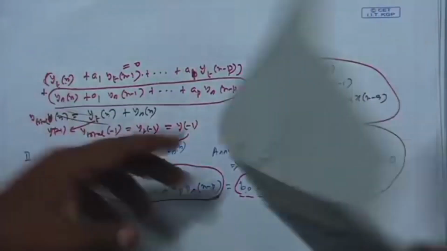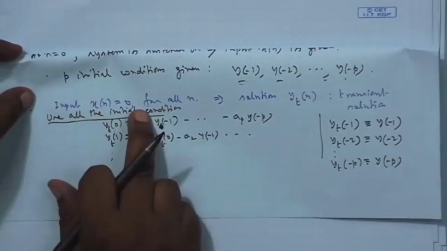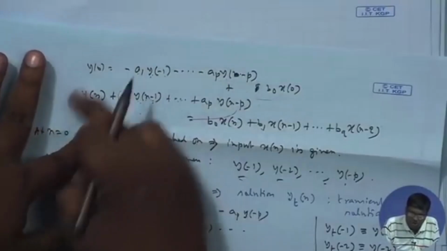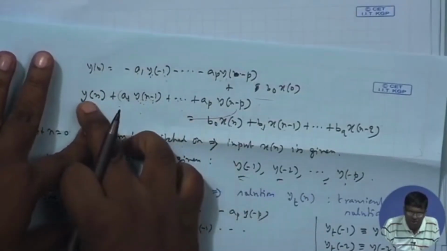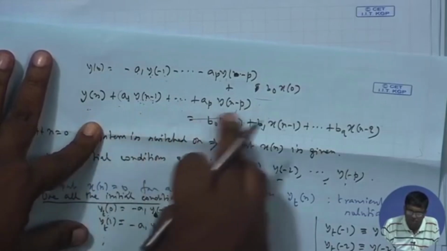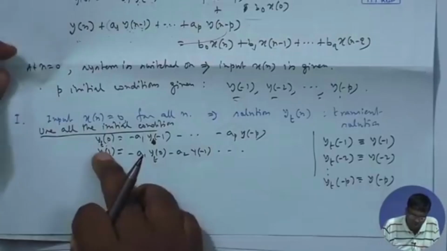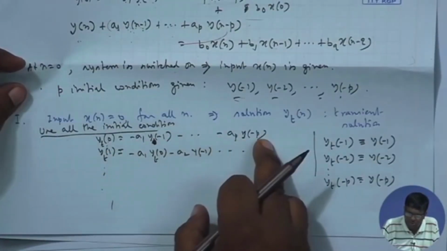How is y t n generated? y t n is obtained, you see, by taking the input to be 0 and solving this equation. So, no input, and solve this equation by using the given initial conditions, that is, y t 0, y t 1, y t 2 all obtained from the past, the given initial conditions. y t 0 is minus a 1 y minus 1 and so on up to minus a p y minus p, which are given.